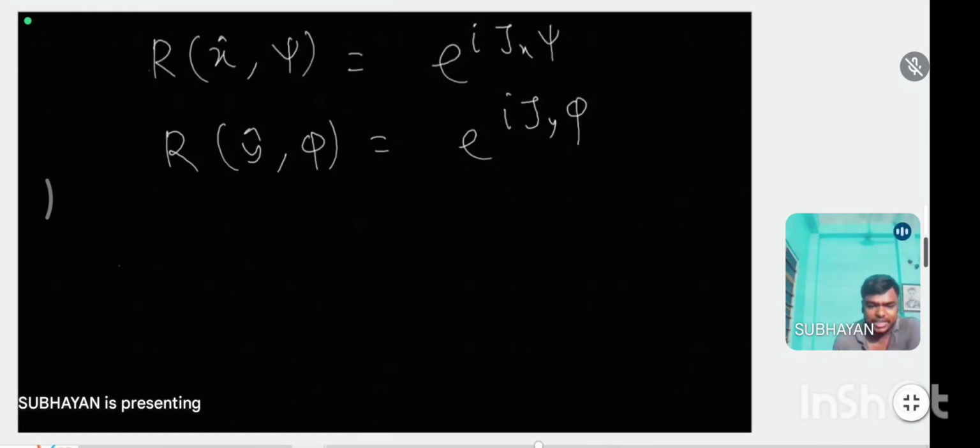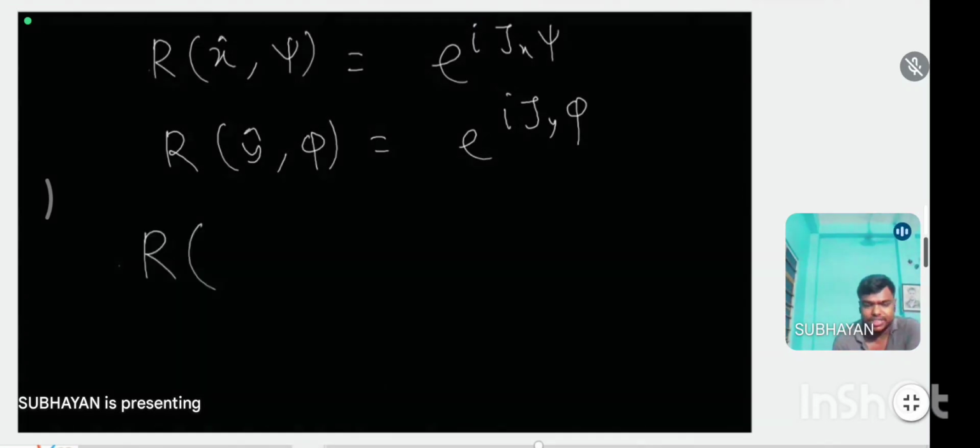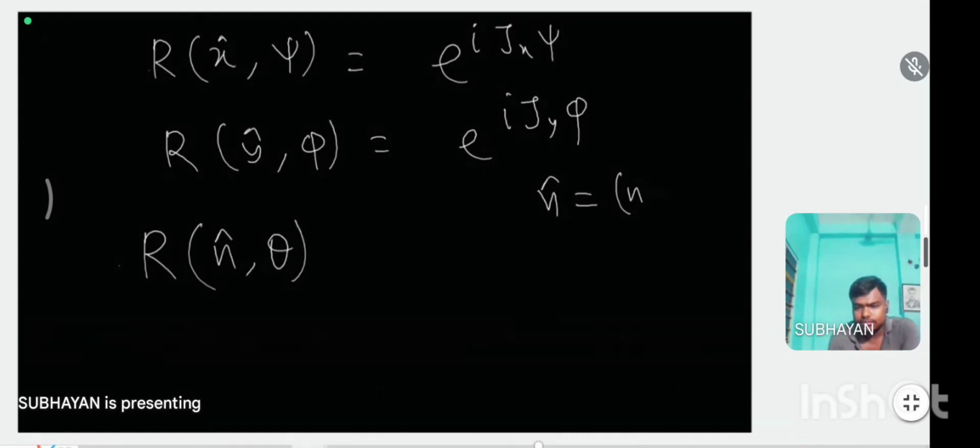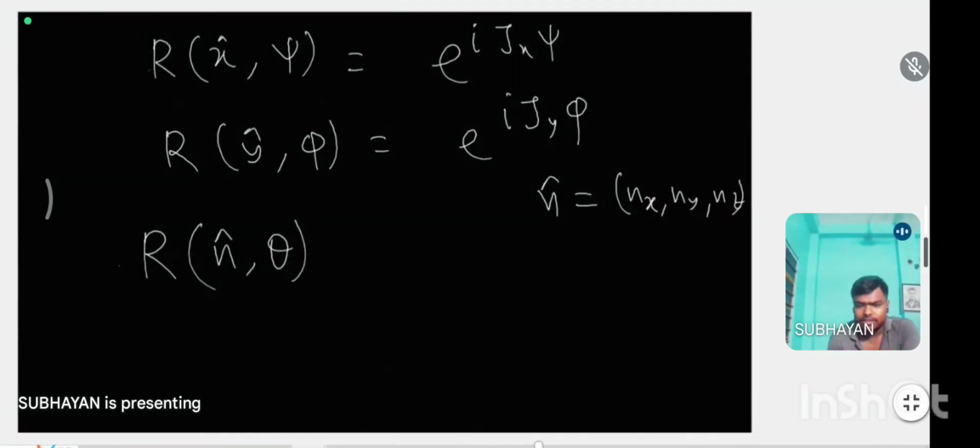Okay. Now in general, suppose we are choosing any arbitrary axis n cap and with an angle theta. Now this direction you can write as nx, ny, nz, and theta may also be expressed in components: theta is equal to suppose theta x, theta y, and theta z.